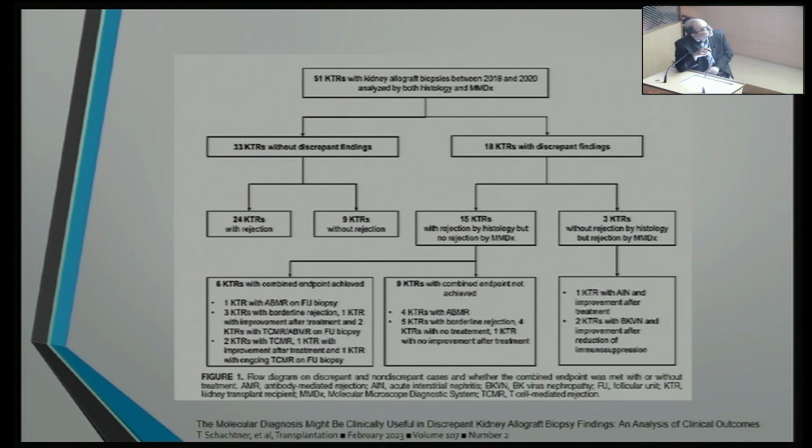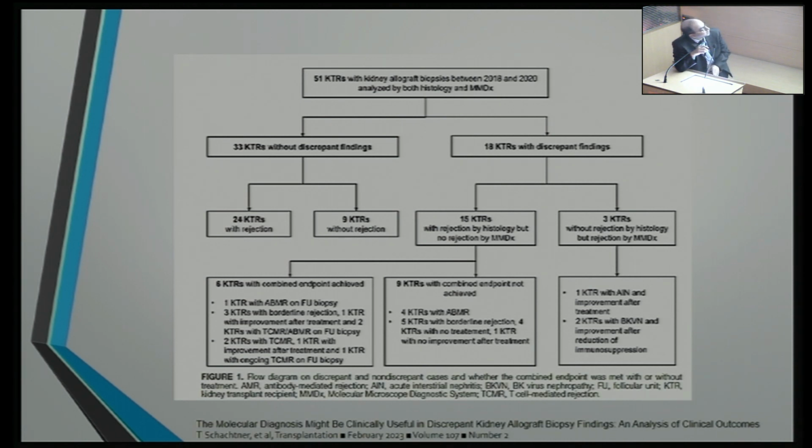Now, amongst the 15 cases shown as rejection by histology but no rejection by MMDA, 6 were the ones in which the combined endpoint was achieved. The combined endpoint here was that either the patient responded to the therapy, or the patient had a loss of graft, or the subsequent biopsy clearly proved rejection.